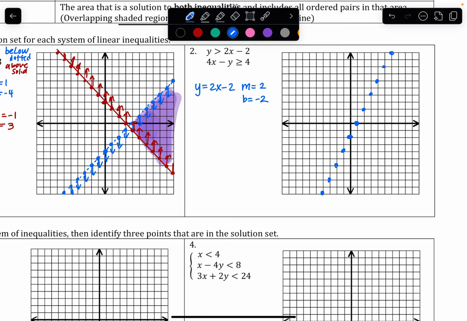Okay, and so because it is a greater than sign, we are going to shade above. There's no line, so it's going to be dotted. There's no line underneath the inequality. So just do a dotted line through your points. And to shade above, we're going to be above every single one of these points. So if you were to shade it kind of lightly, it would be this region up here.